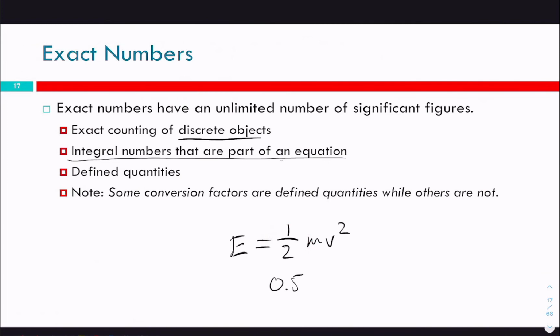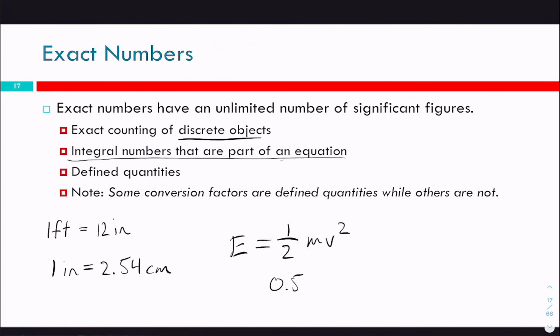Another one that comes up is that some of the unit conversions we use are exact. So like 1 foot equals 12 inches. That's an exact conversion factor. And then one of the weird ones, 1 inch, we'll get into metric units here, 1 inch is 2.54 centimeters exactly.